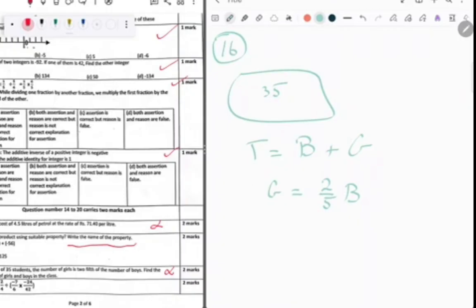So if I want to write girls over here, this is where I need to substitute. I need you to do some animation here to show that 2/5b was substituted and put here.